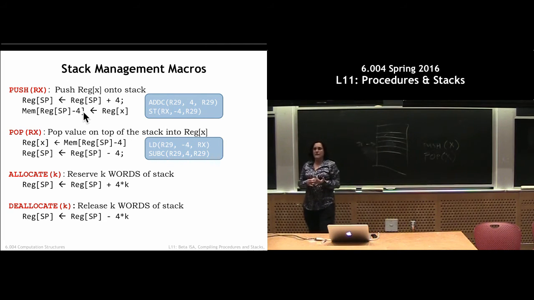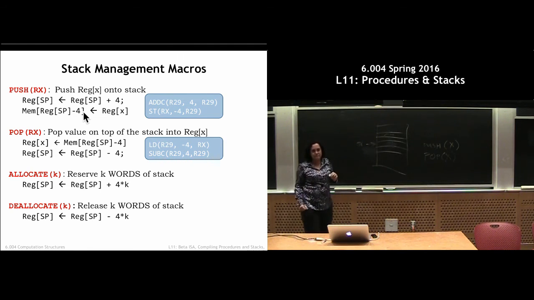So what are the things that need to happen? I need to take whatever was at the location SP minus 4 off the stack and put it into my variable x, or my register x. And then I need to subtract 4 from my stack pointer to make it point to the now first unused location.